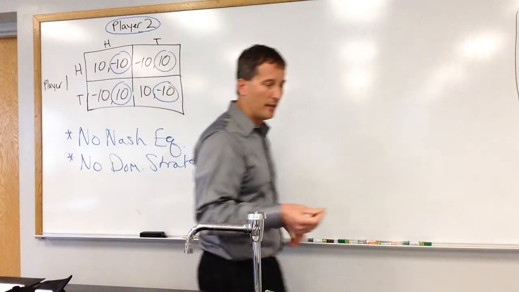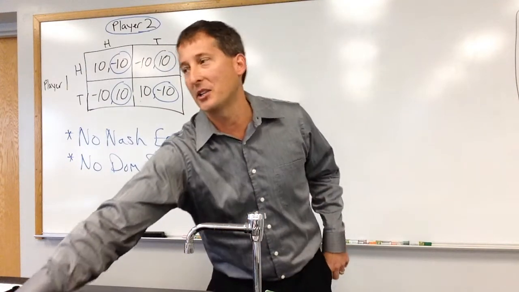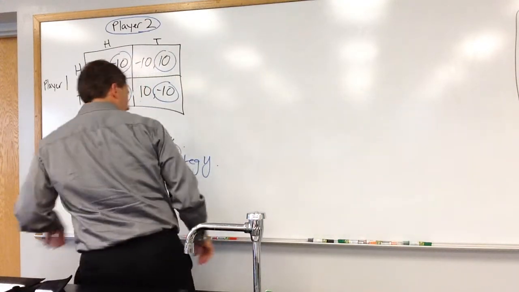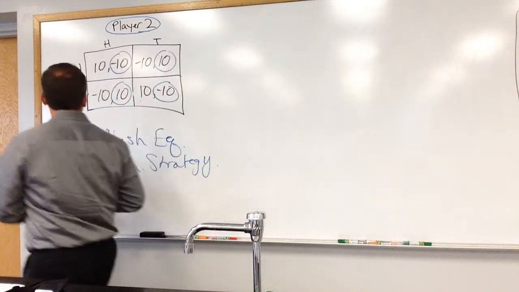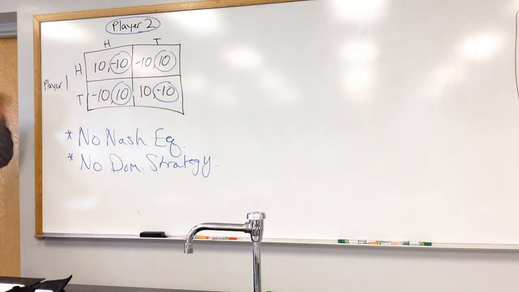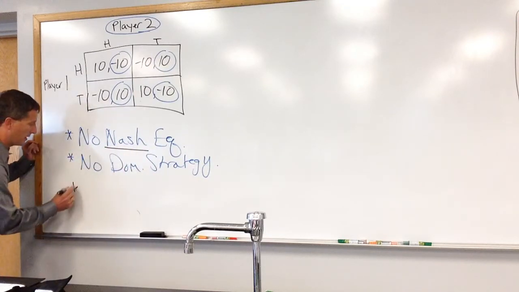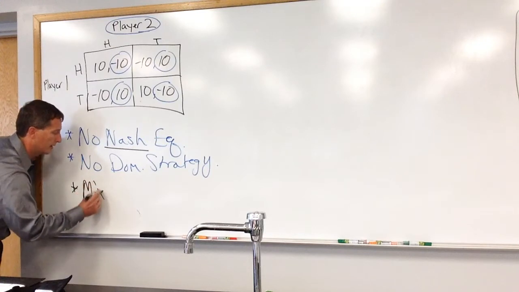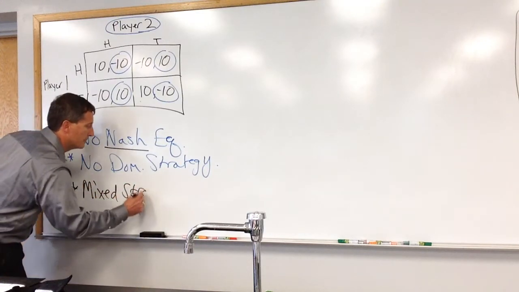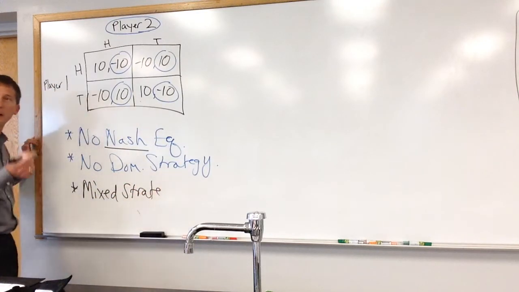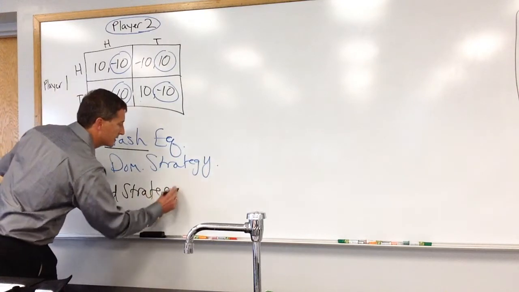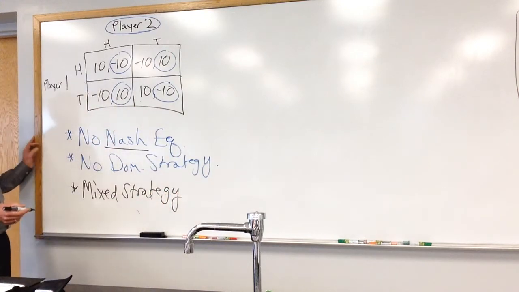All right, so that is called a mixed strategy equilibrium. And for every game, there is a solution. There is an equilibrium for every game. So there's no Nash equilibrium, but there is what we call a mixed strategy. What's mixed about it is we're going to allow a randomization technique to choose how to play.